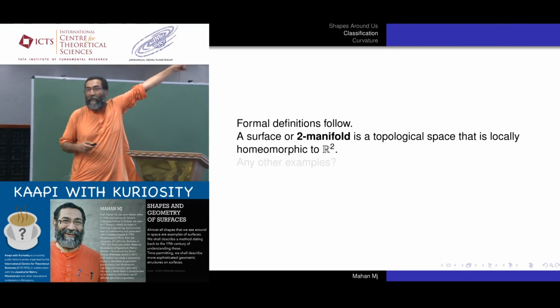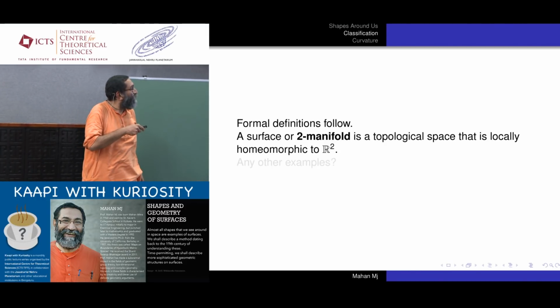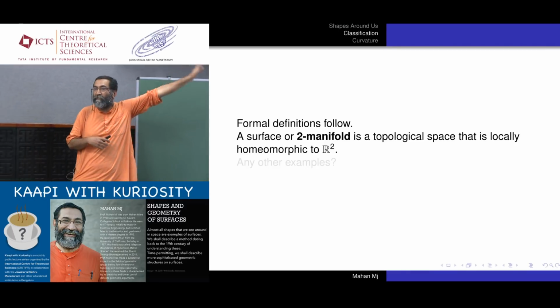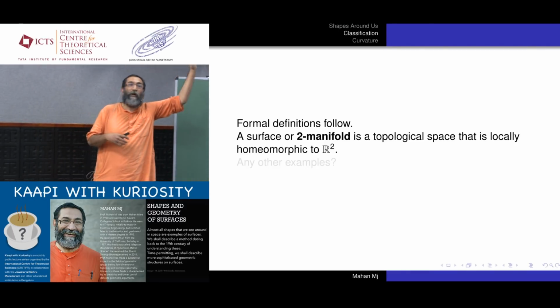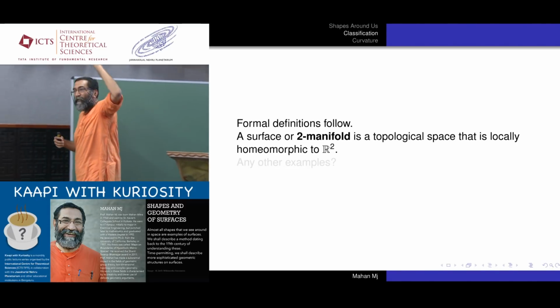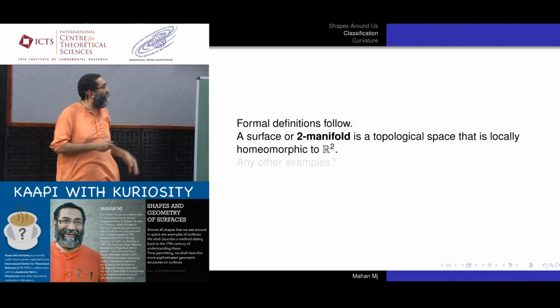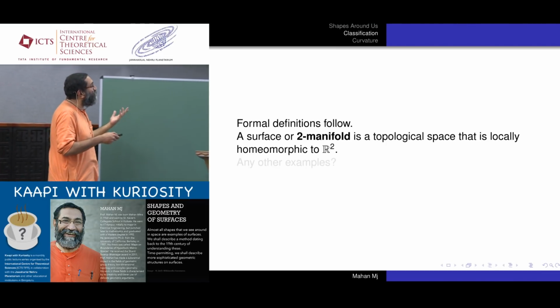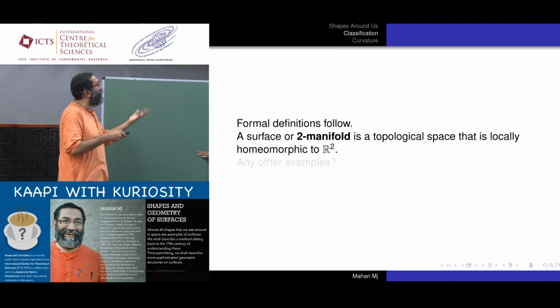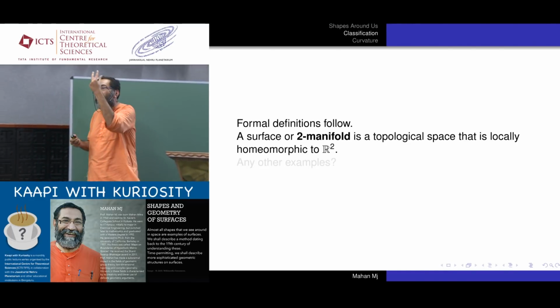So the 2 here is just a way of democratizing this set of objects. Locally, something that is two-dimensional has a special name, it's called a surface. If it's locally n-dimensional, it's called an n-dimensional manifold. So 2 is not special. A surface is also called a two-dimensional manifold. It just means locally everything is two-dimensional.